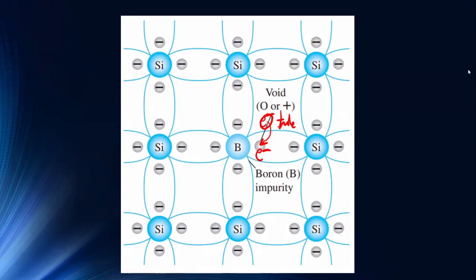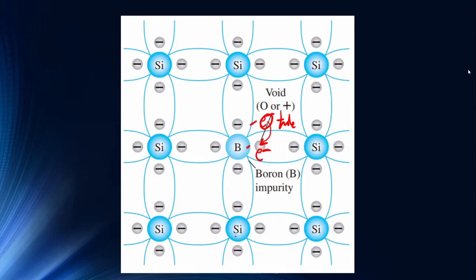So in effect, yung hole natin nag-move from this part papunta sa this part. Okay? So we have electron flow and we have hole flow. So yung electron natin nag-move from this part to this part and yung hole natin nag-move papunta sa part na yun.